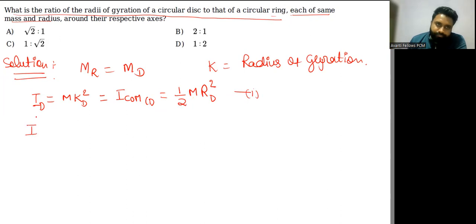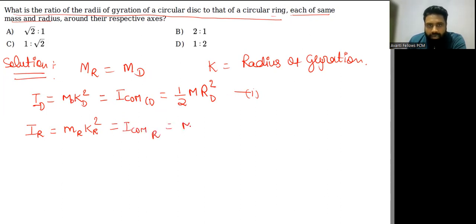Now I for the ring, which is equal to mass of ring. It is also the mass of disk. Mass of ring into K of ring square is equal to I of center of mass of ring. So it is M R ring square.